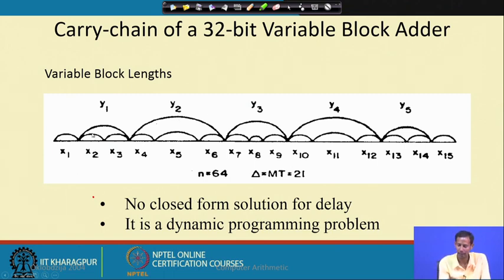I can make it like 1, 2, 3, 4, 5, or I can make another x1, x2, x3, x4, x5, x6, x7, something like this. This is the bigger group, and then the bigger group again can be divided into two other groups.